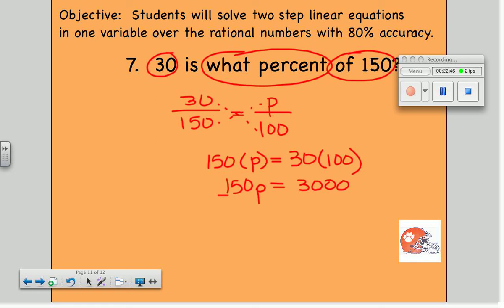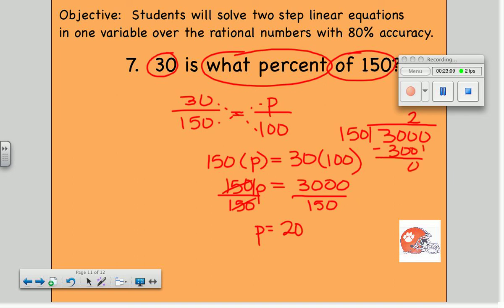Divide by 150. Divide by 150. 150 divided by 150 is 1. 1 times P is P. And 3,000 divided by 150 is 20. And if you want to see it, 3,000 divided by 150. 150 goes into 300 2 times.